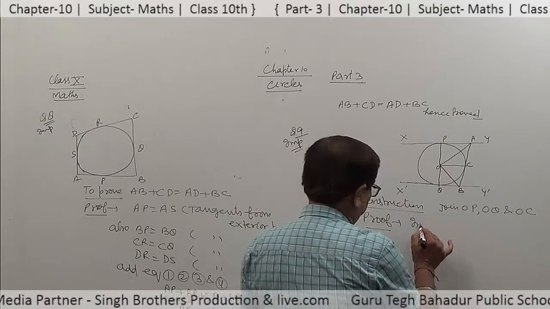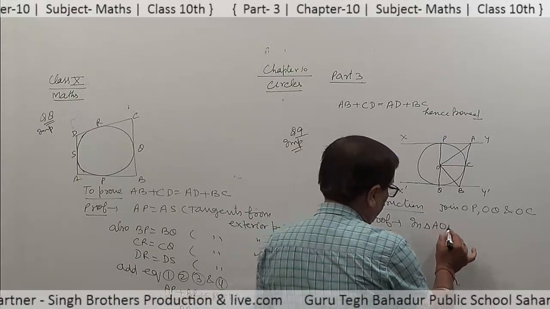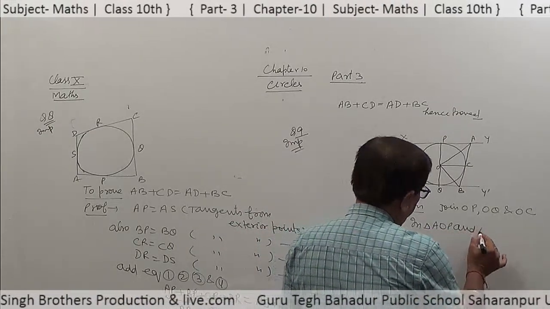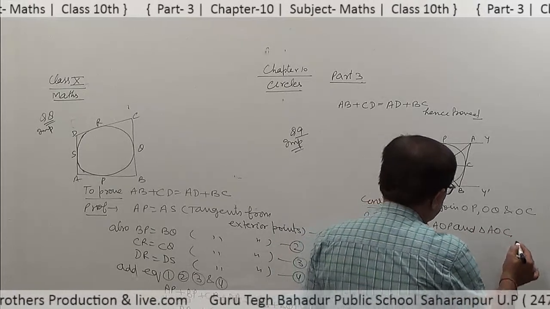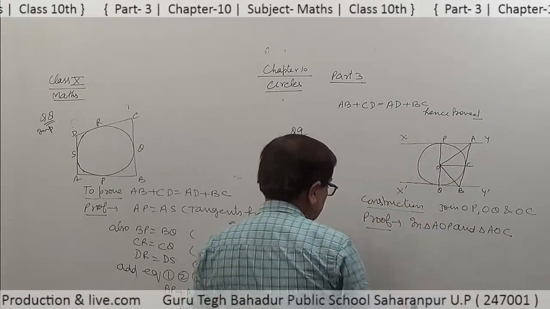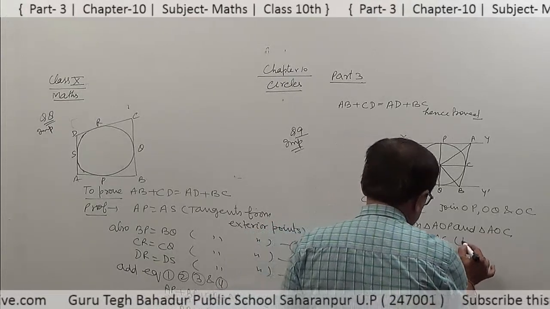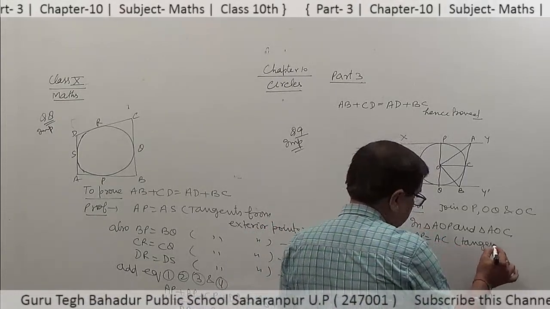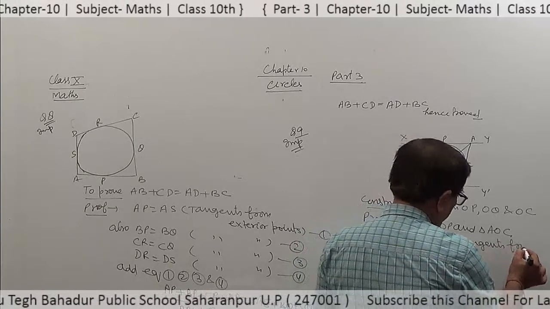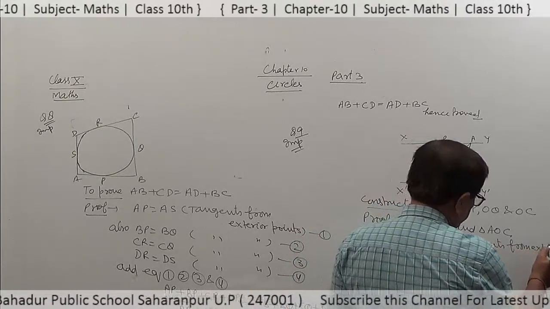In triangle AOP and triangle AOC, AP is equal to AC, tangents from an exterior point.